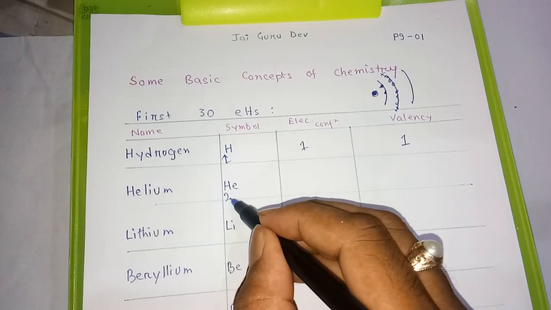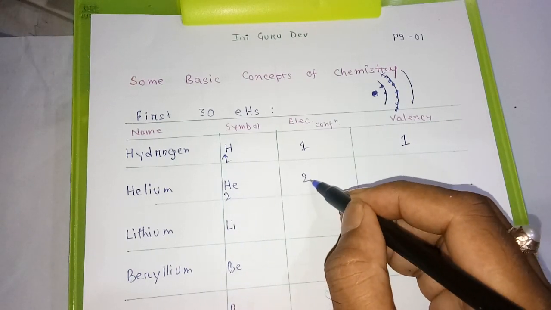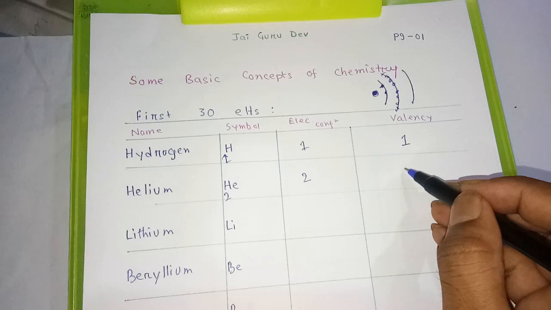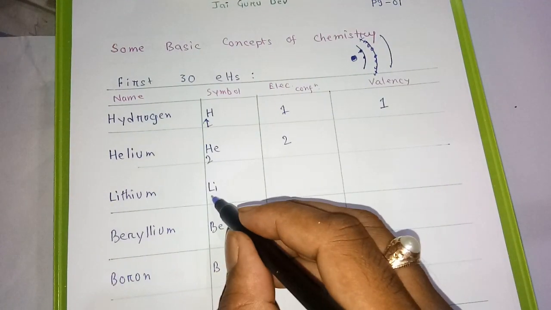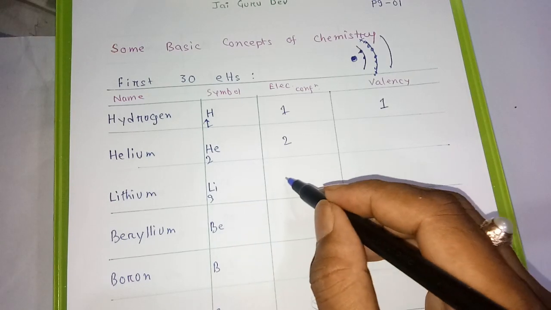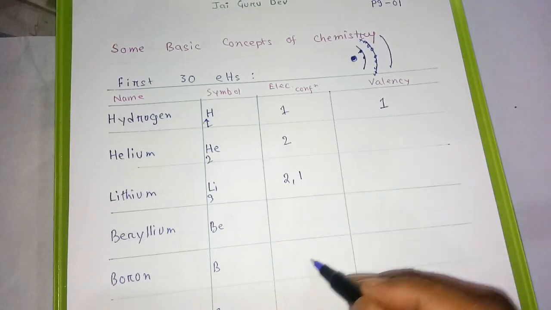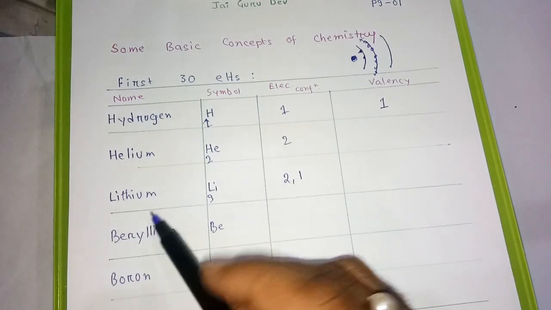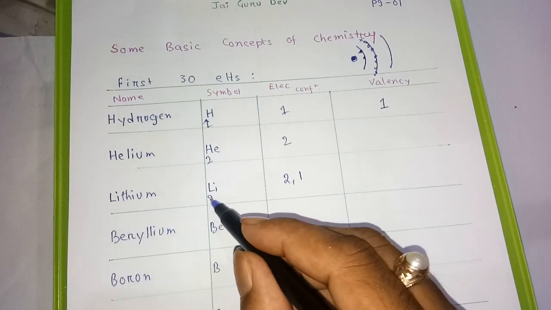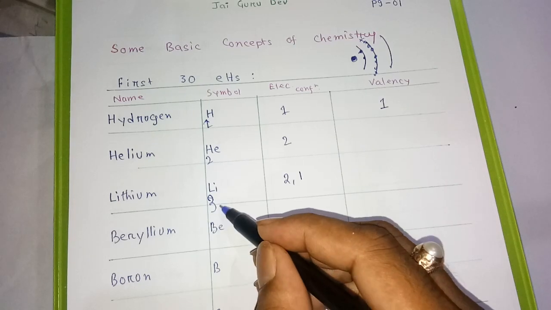Second one is helium, 2, electronic configuration is 2. Lithium, 3, can be written as 2, 1. Why 2, 1? Now the question arises, lithium having 3 electrons.